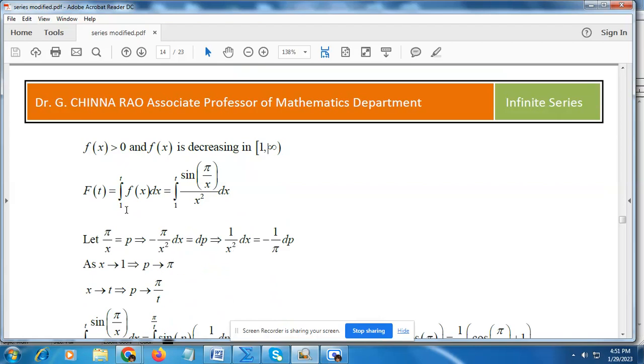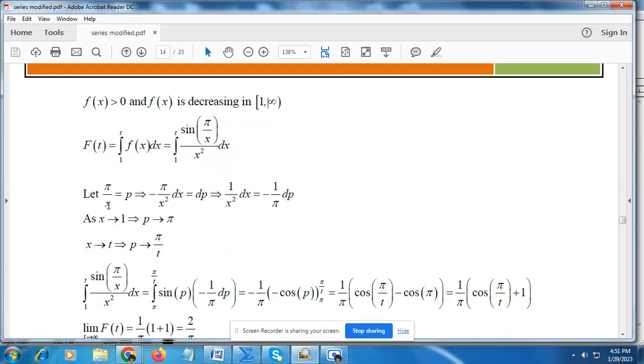Now consider the improper integral, integral 1 to t f of x dx, that is, integral 1 to t of sin pi by x over x square dx. To calculate this, simply take pi by x as p. The derivative of pi by x is minus pi by x square, so dx equals dp. Then 1 by x square dx is minus 1 by pi dp.